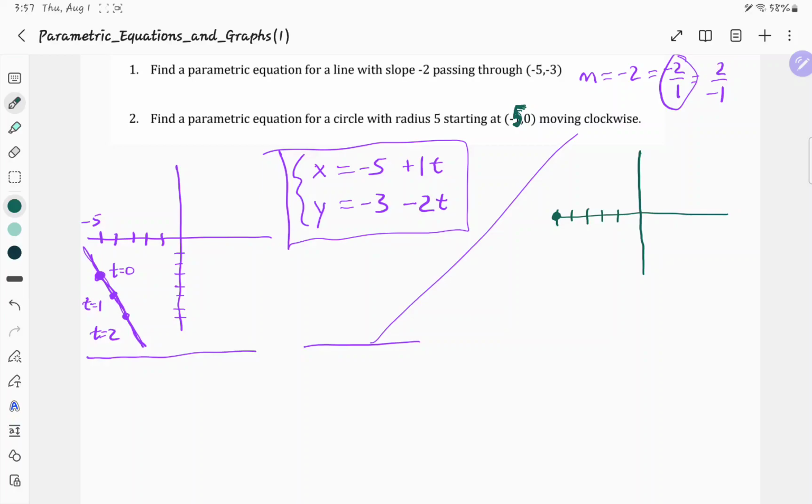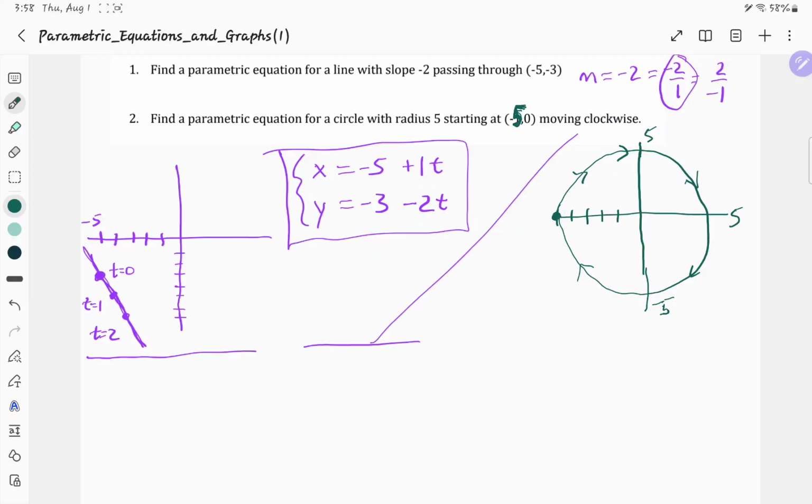So clockwise means I'm going to go around my circle, kind of this way, clockwise. So that's my movement around the circle. And it should be 5 units, right, kind of every direction. So -5 down here, 5 over here, 5 up here. So it's always 5 units away on that circle.